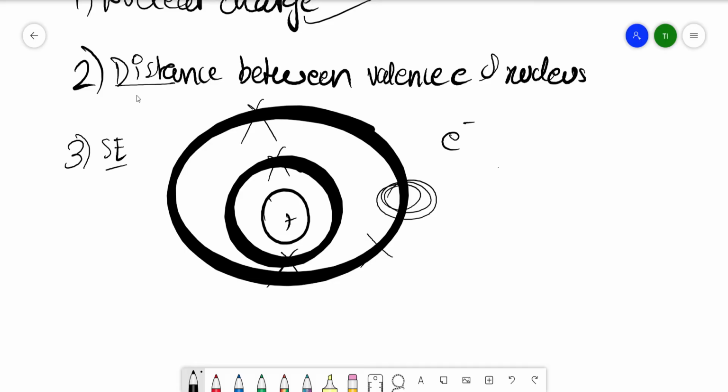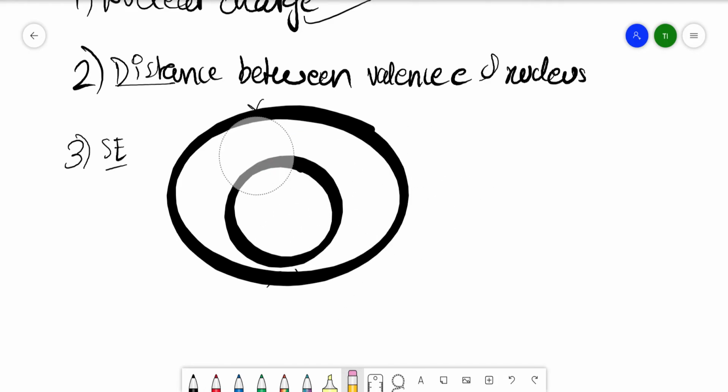The reason is that electrons are negatively charged, so they are repelled. So this electron, while it is attracted towards the nucleus, will be repelled by the electrons in the inner shell, and these are constantly orbiting. So the outer electrons are repelled by this inner shell of electrons. That's basically what the shielding effect is.